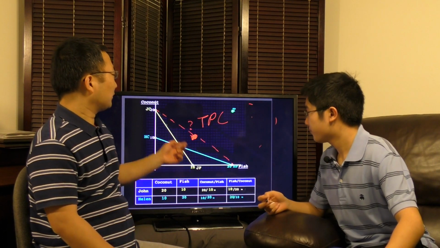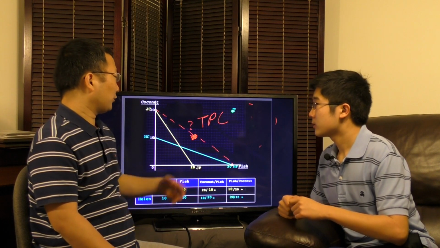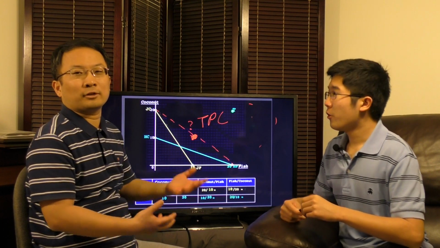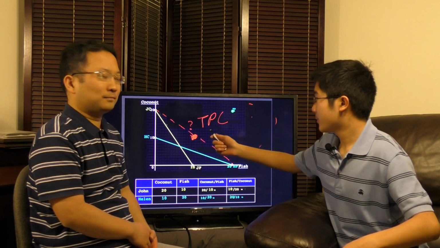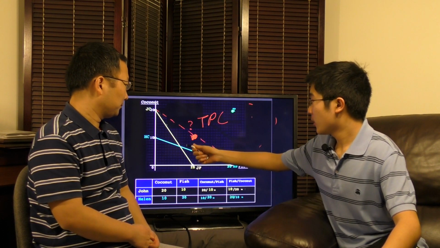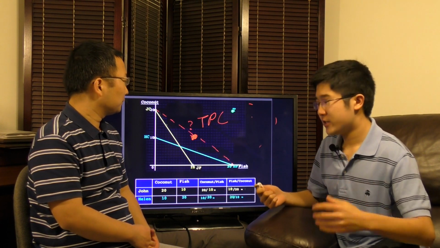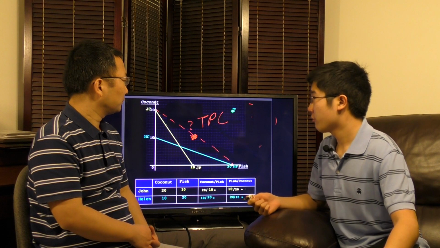For example, that's just for half, but they could trade in different mixes, and all those mixes are represented on the TPC. As you'll notice, the TPC is outside both of their individual isolated PPC curves, which further points as evidence that trade is basically like economic growth for both parties.